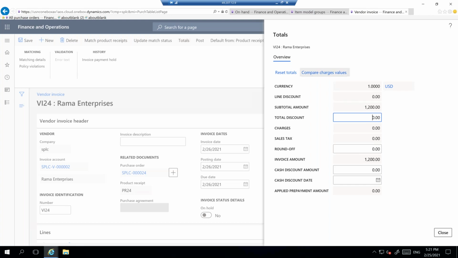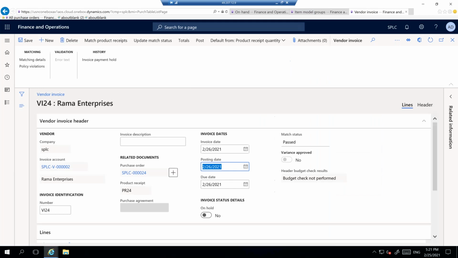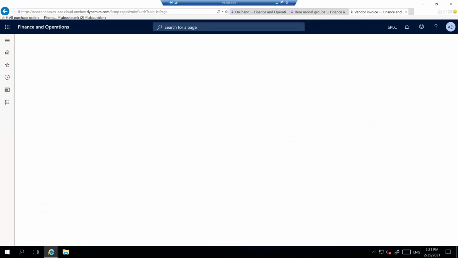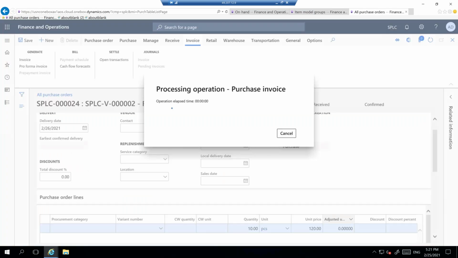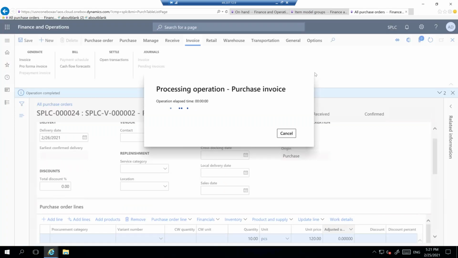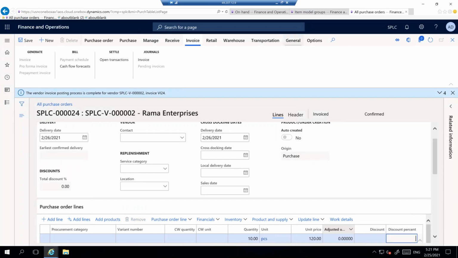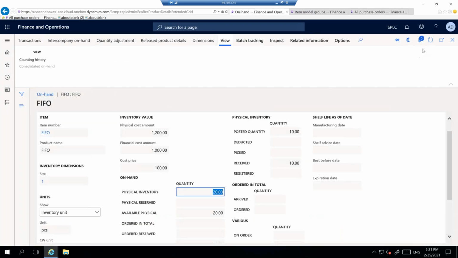So it is 1200. Click close and post. Now if you verify on hand inventory, if you refresh, it will become 2200 total amount. Cost price is 110, 2200.